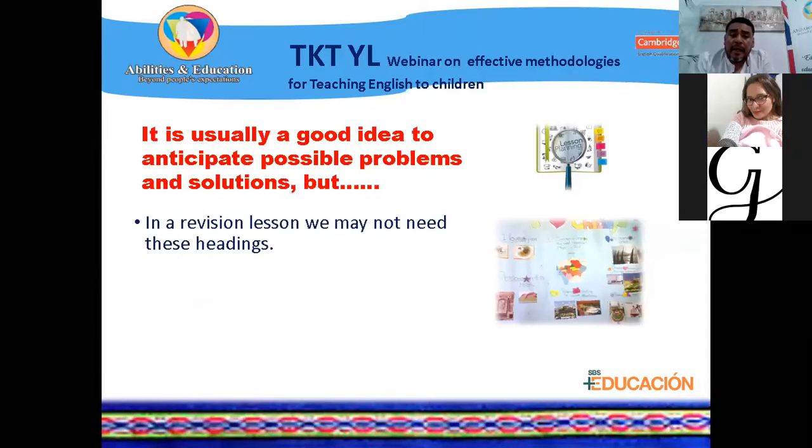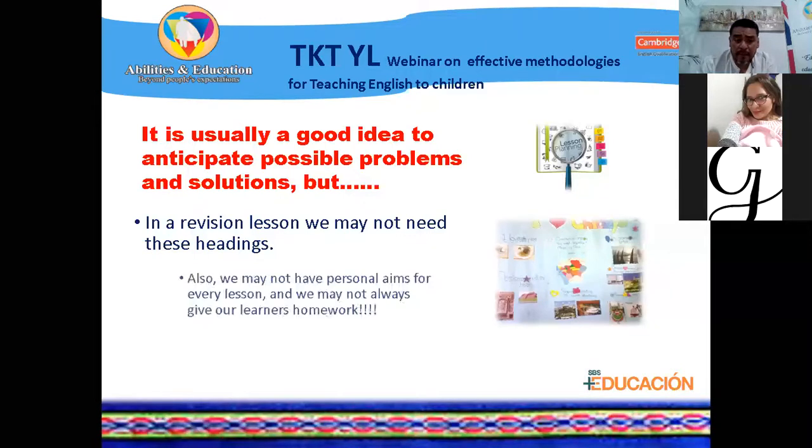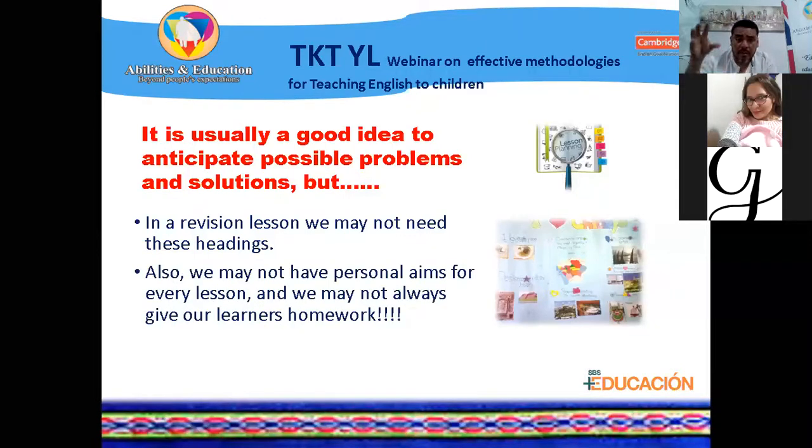So, if you are working in a place in which the document, the paper, is not really important, but what you do, right? You can omit some of the things. The most important things are the aims, the procedures, what you want to achieve, and the things you will do to achieve that, all right?